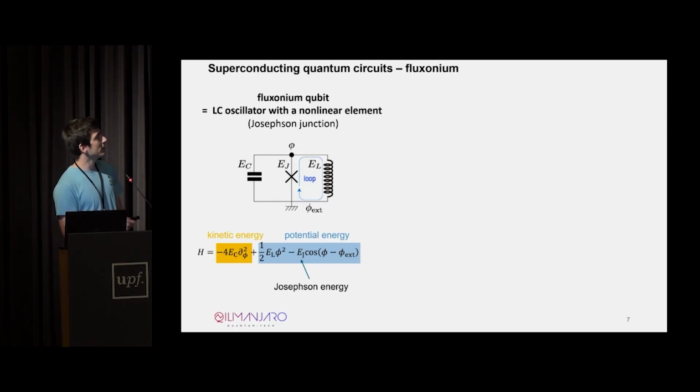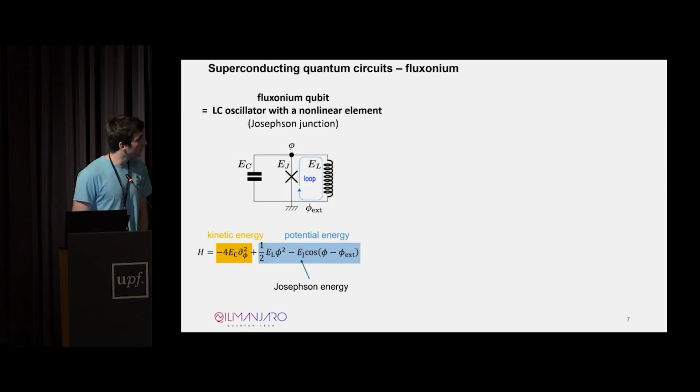The Hamiltonian is now basically the same as the one for a standard LC oscillator, but on top of that, in the potential energy term, we also have a nonlinear term proportional to the Josephson energy times this cosine term in the superconducting phase variable.